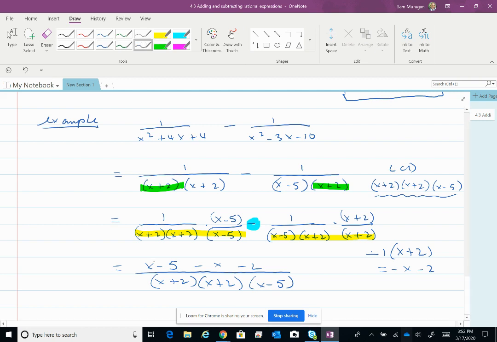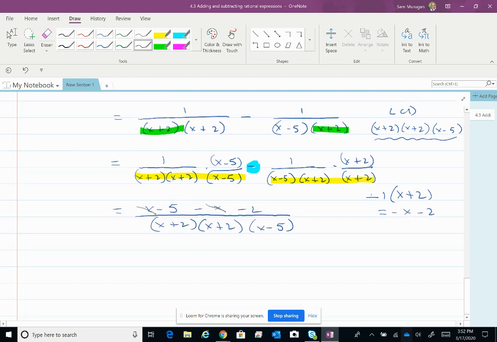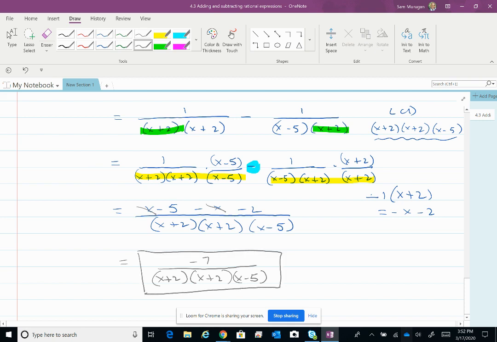Notice that the x's are going to cancel out, and that leaves us with negative 5 minus 2, which is negative 7 over x plus 2, x plus 2, x minus 5. This is a great answer here. You can also revert back to foiling this out, but I think this is a great answer for this question.